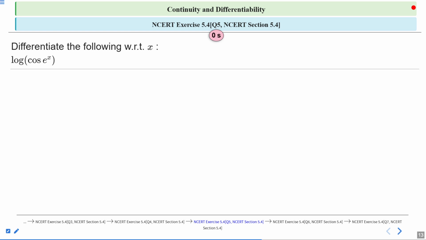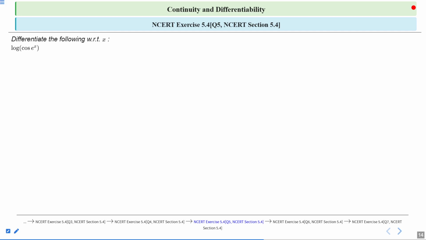Okay, let us move to the solution part. We have to basically differentiate log cos e to the power x. Let y is equal to log cos e to the power x.